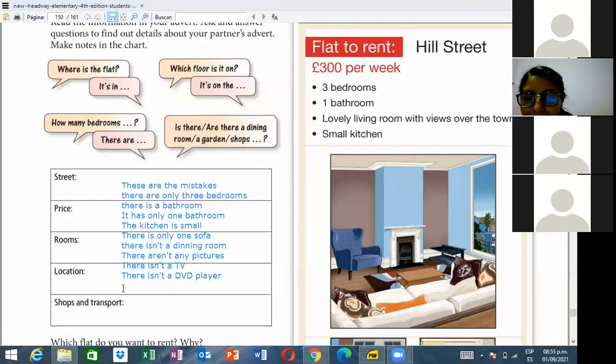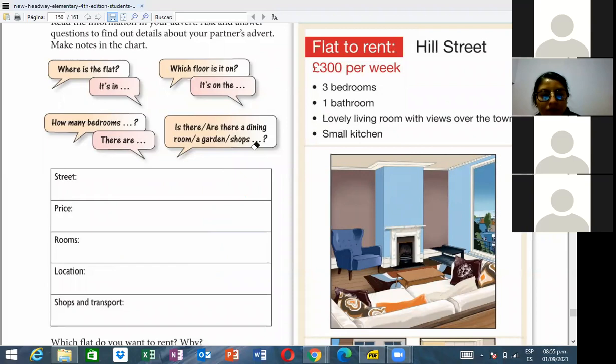The flat's on the 2nd floor. In the living room, there are 2 sofas and an armchair. There are a lot of pictures on the wall. There's a carpet in front of the fire, and there's a TV and a DVD player. There's a table in front of the sofa. Tape script 4.6.